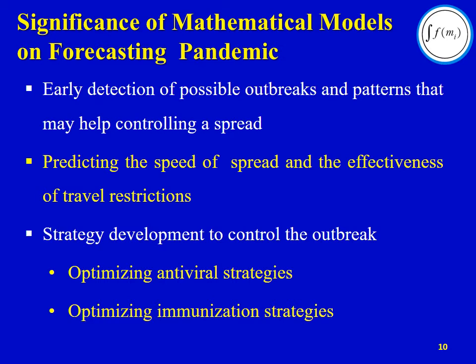And also the patterns. It will be useful to control the spread. It will be useful to examine the speed of the spread. Those pieces of information will be useful to impose various rules and restrictions to control the outbreak of the pandemic.